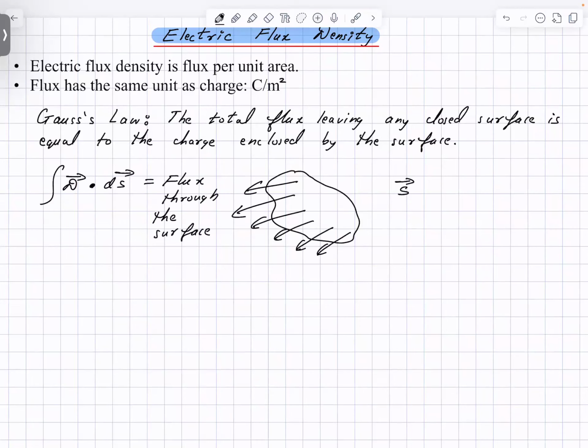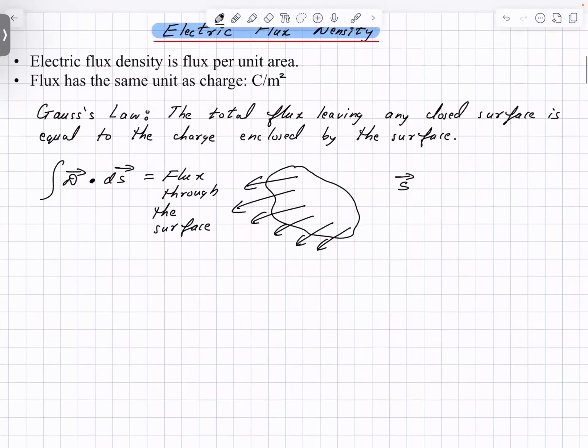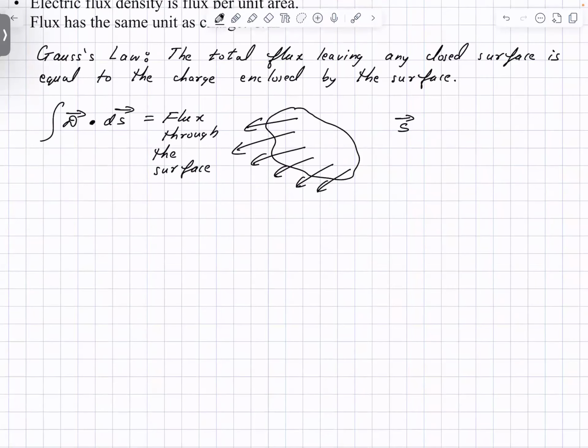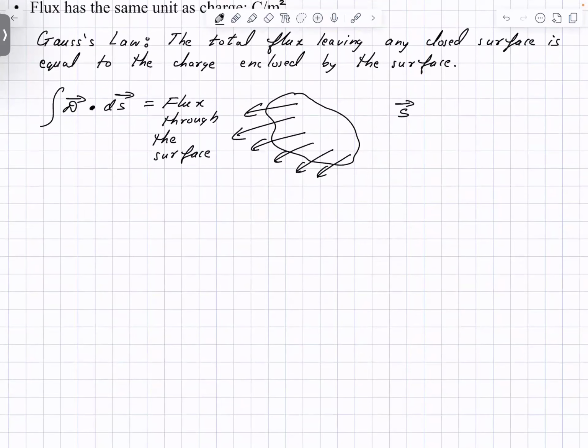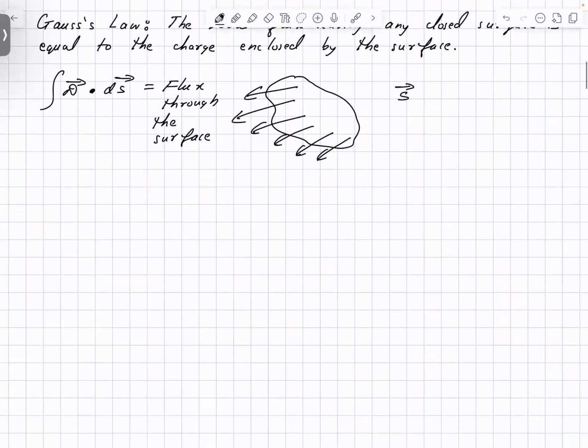Now let's look at this surface again. In chapter one, when we talked about differential surfaces, in the rectangular system, you can even see it in your formula sheet.